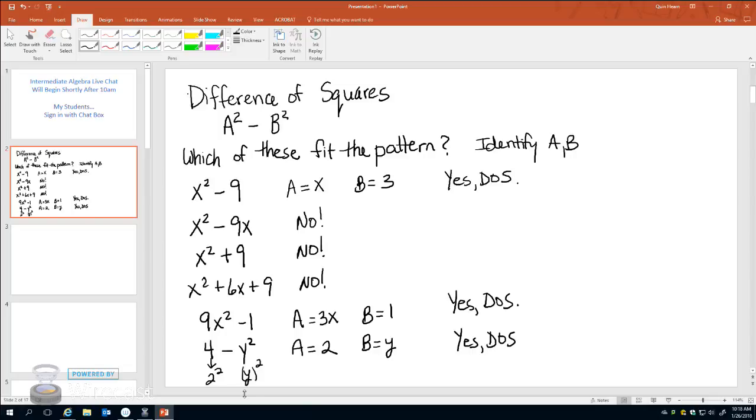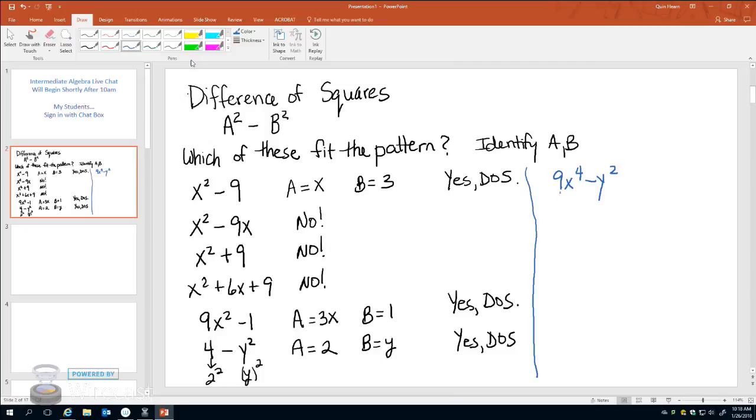Okay, let's do a couple more. I'm going to write these in blue just so you can see that they're different ones. All right, so let's look at 9x to the 4th minus y squared. Is it a difference of squares? Well, we have 2 terms and they're being subtracted, so far so good.